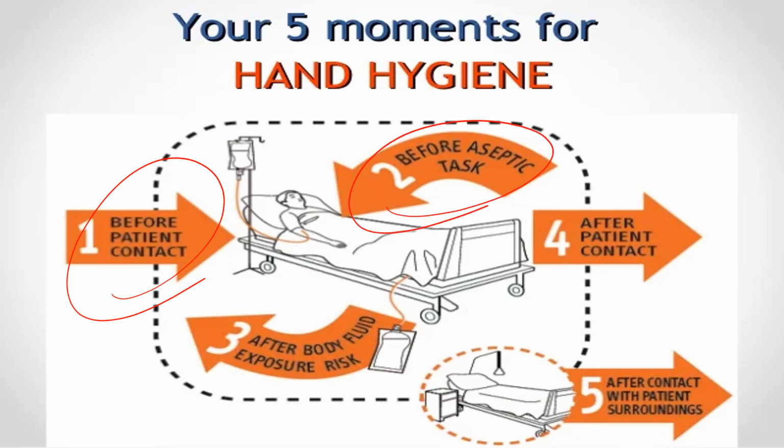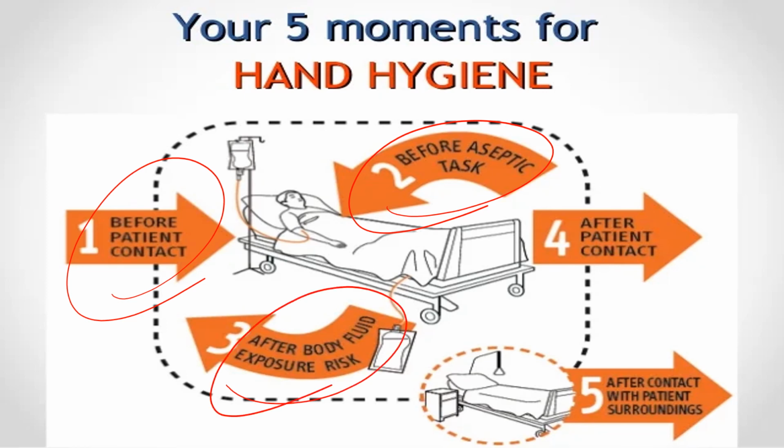Second, before any aseptic technique, aseptic task or procedure. For example, suction or tracheostomy tube change or urinary catheterization. These are a few examples I've given you. For these kinds of things, you have to use hand hygiene. And next is after body fluid exposure risk.